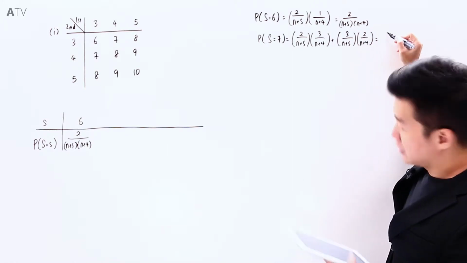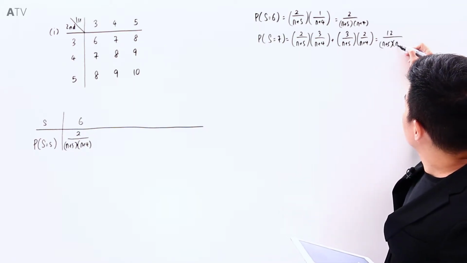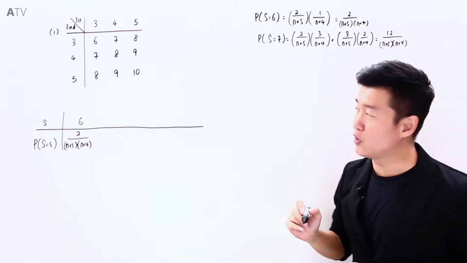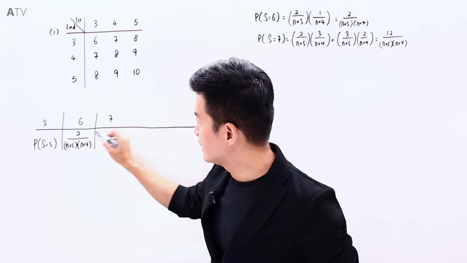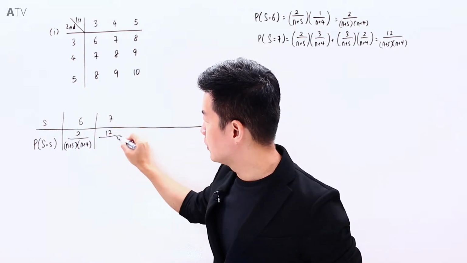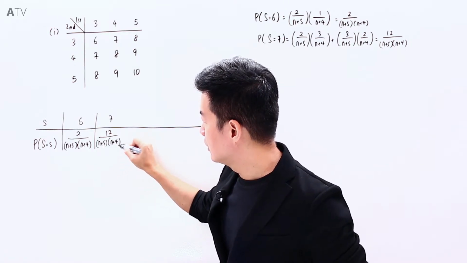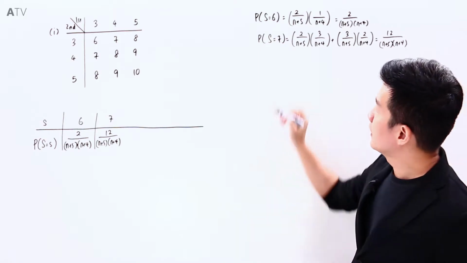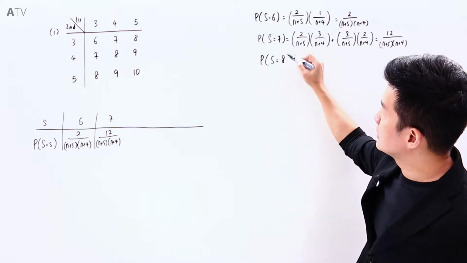So when I add this together, we will have 12 over n plus 5 n plus 4. So when s is 7, the probability that the sum is 7 will be 12 over n plus 5 n plus 4.